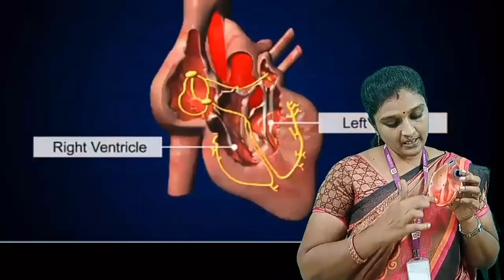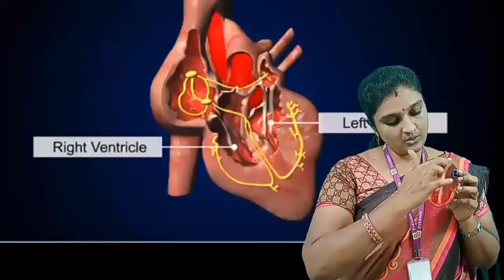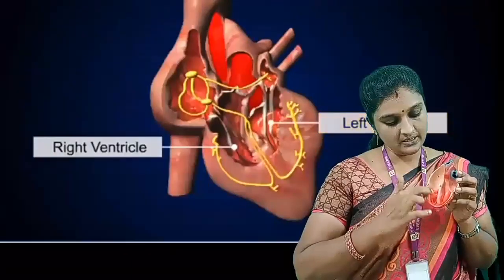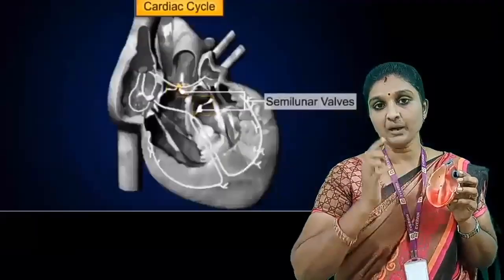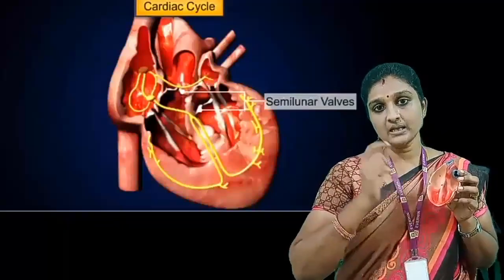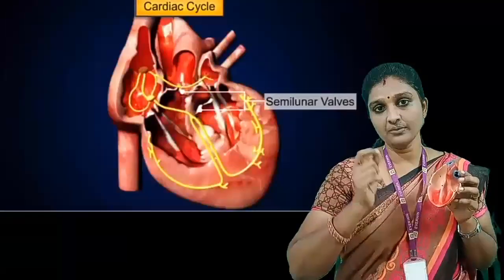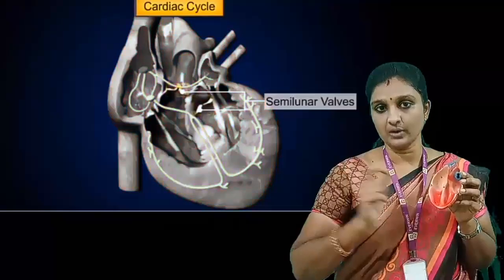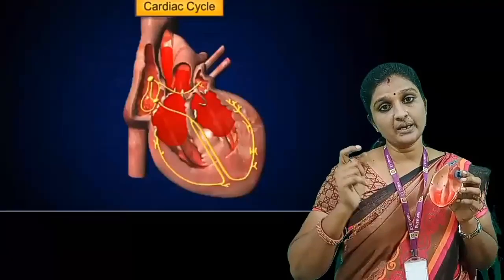Then from the right ventricle, one vessel goes out. The vessel which goes out is the pulmonary artery. Inside the pulmonary artery, you have a valve called the semilunar valve, also called the pulmonary valve.